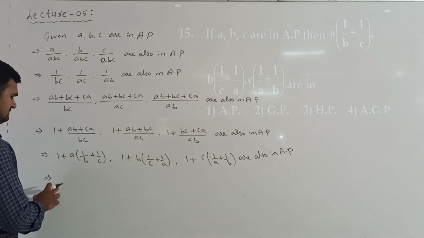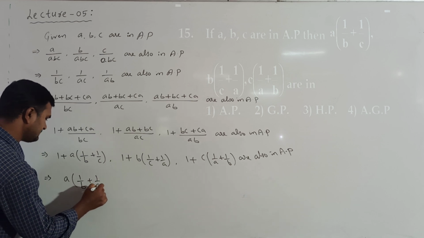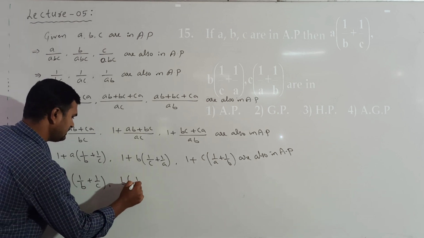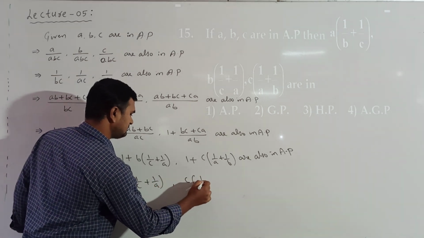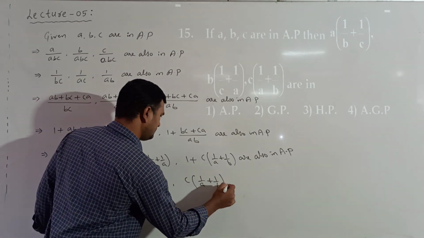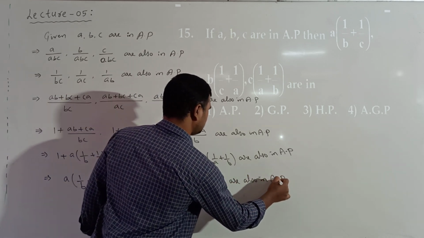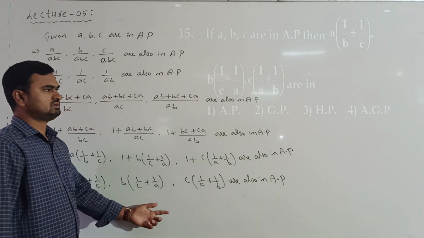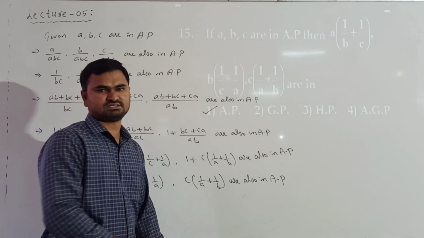Subtracting 1 means A into 1 by B plus 1 by C, B into 1 by C plus 1 by A, C into 1 by A plus 1 by B. These are also in AP. So the required terms are also in AP, and the required answer is the first option.